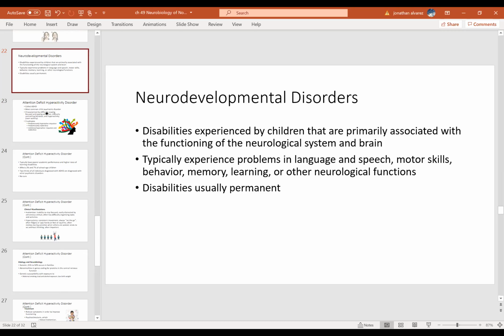That right there can lead to behavioral disorders, depression, neurological, we'll just say underdevelopment problems as well. So you'll see problems with language and speech, motor skills, behavior, memory, different learning disabilities. This can also happen from trauma.